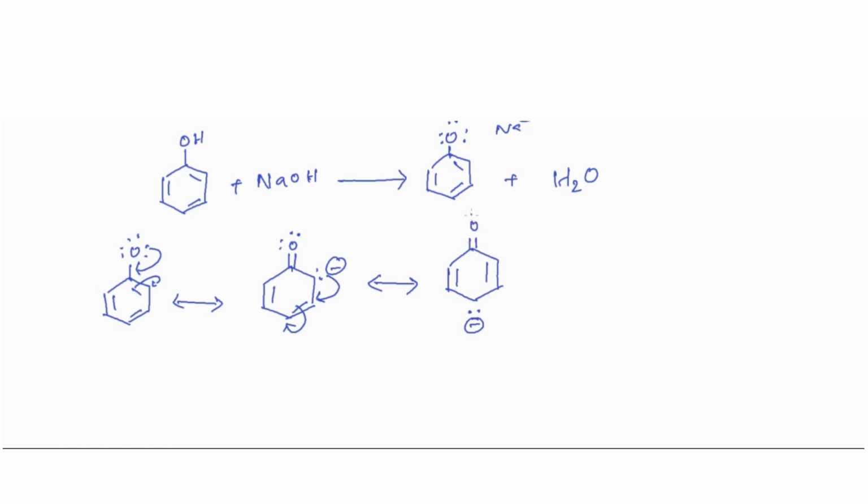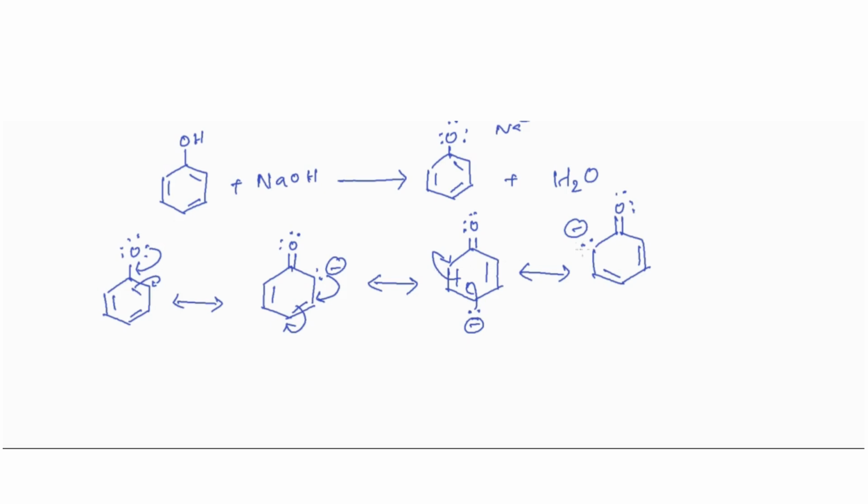You have to carefully assign the charges, and you can draw like this. So you will get this kind of resonance. Now you see in the phenoxide ion, the negative charge is completely distributed over the structure.